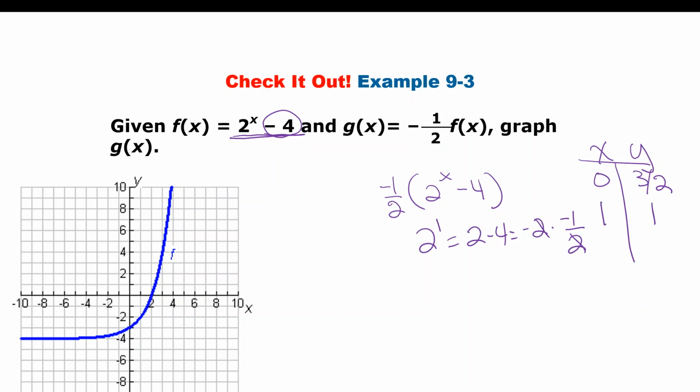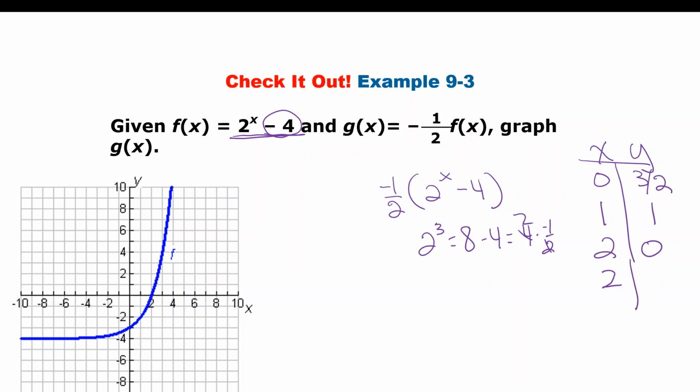So (1, 1). All right, let's do a couple more. Let's say when x is 2. 2 squared is 4, minus 4 is 0. 0 times -1/2 is 0. When x is 3, 2 to the third power equals 8, minus 4 equals 4, times -1/2. That's going to be -2.